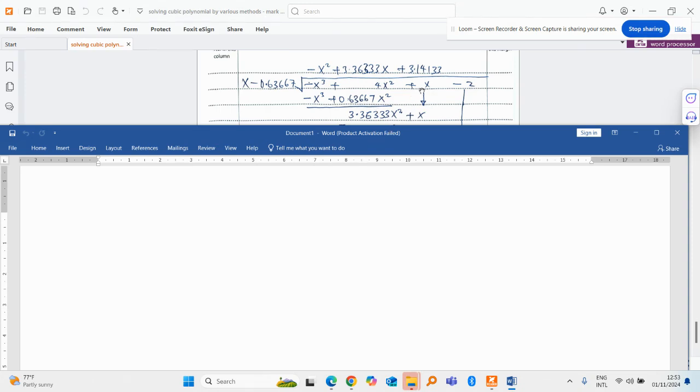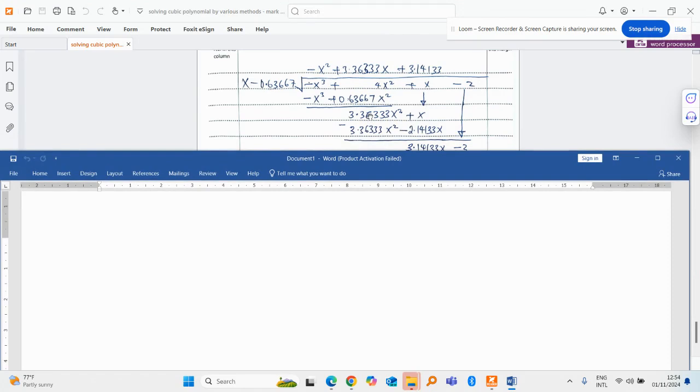At this point, we drop our value of x down. Remember, the powers of x keep decreasing from the highest power to the least power, and if a term were not there, we would have put 0 x squared or 0 x.